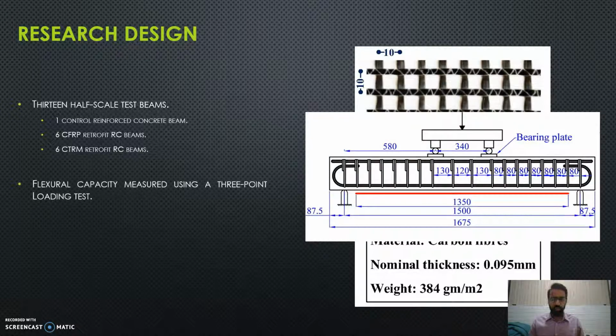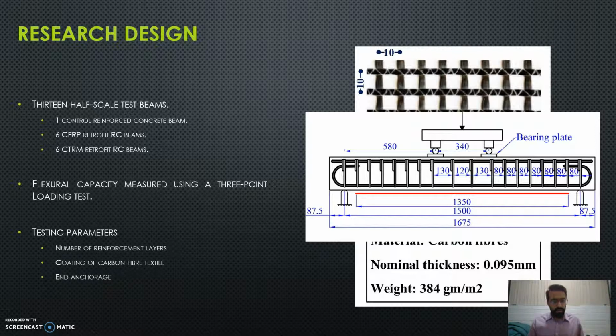And we are going to use a 3-point loading test, much like most of the studies that I went through in my literature review. This image that I used from another research paper is of a 4-point bending test, but you can see that the mechanism is going to be the same. And we are going to direct the load at the center because that is going to increase the flexure at the highest.